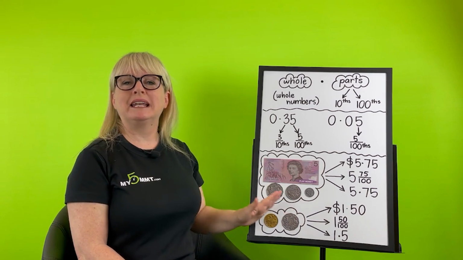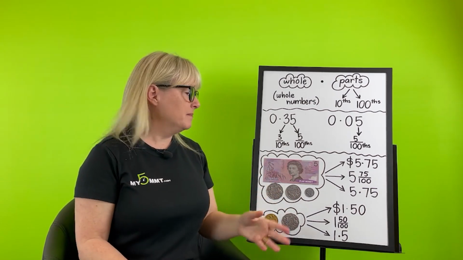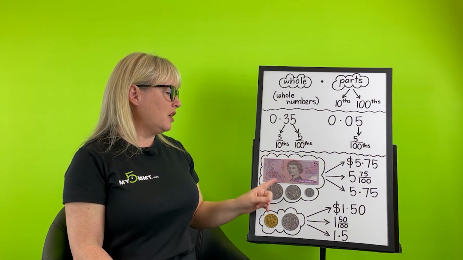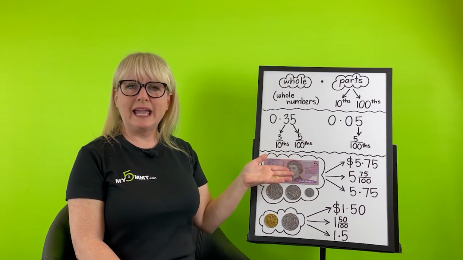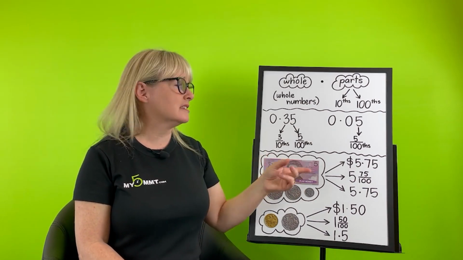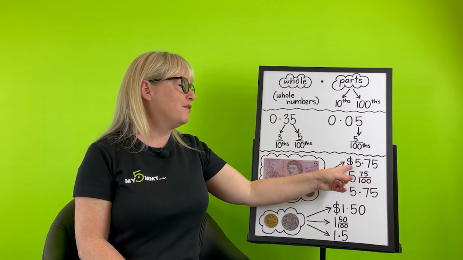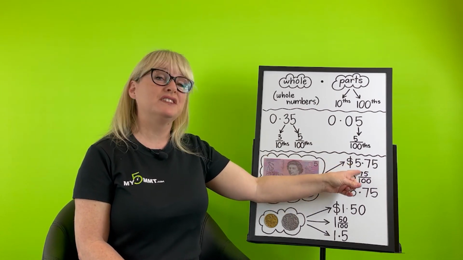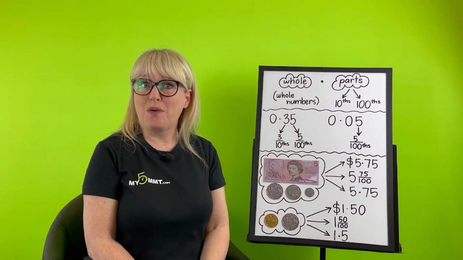Here you can see money, and we use decimals every time we write a money amount. I've got a $5 note, a 50-cent coin, a 20-cent coin, and a 5-cent coin. Added together and using our dollar sign, we would write $5.75. Here we've got 5 complete wholes and 75 out of 100 for the extra parts or the coins.